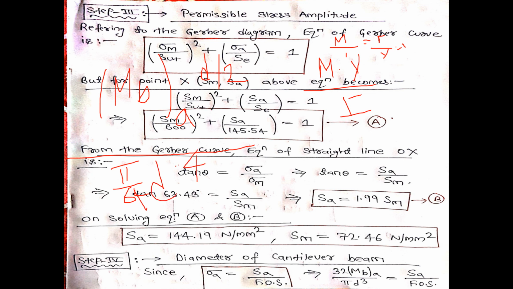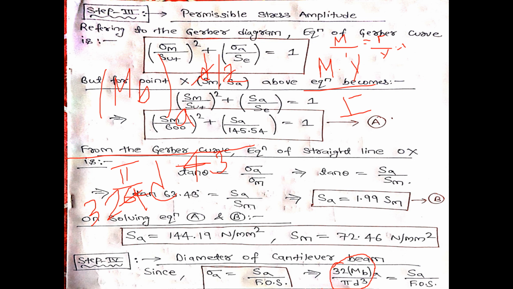So this d and this d will cancel, this 32 and 64, if you solve it, you will get sigma A is nothing but 32 MBA by pi d cube, which is equal to SA by factor of safety.